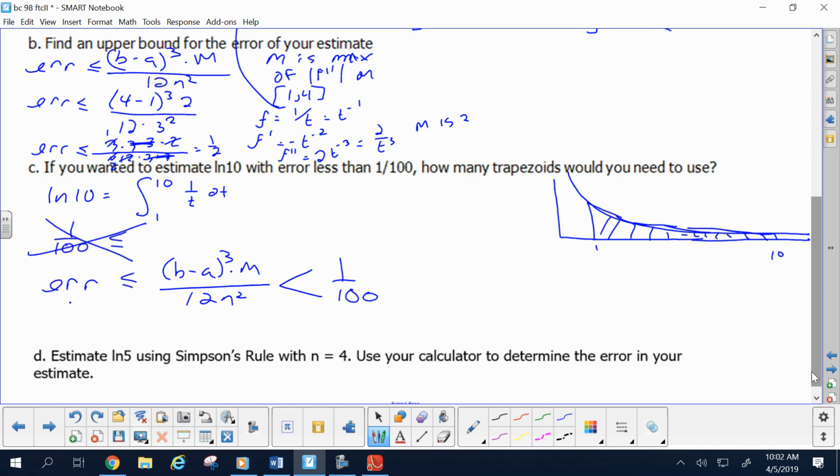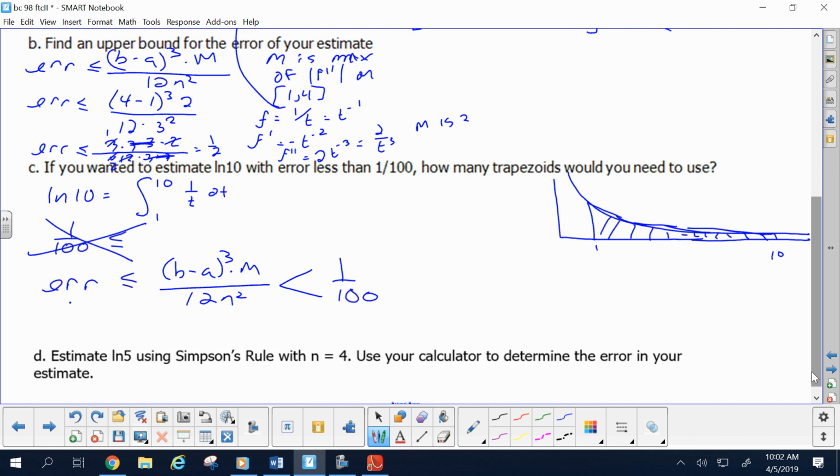So the 1/100 doesn't go there. If you do that, you'll get a stupid conclusion that says, in order to get my error small, n needs to be less than 4 trapezoids. That's a silly conclusion. You're not ever going to get less error by using fewer trapezoids. So putting that in the wrong place will make you look foolish, really. All right? So that said, let's move on.